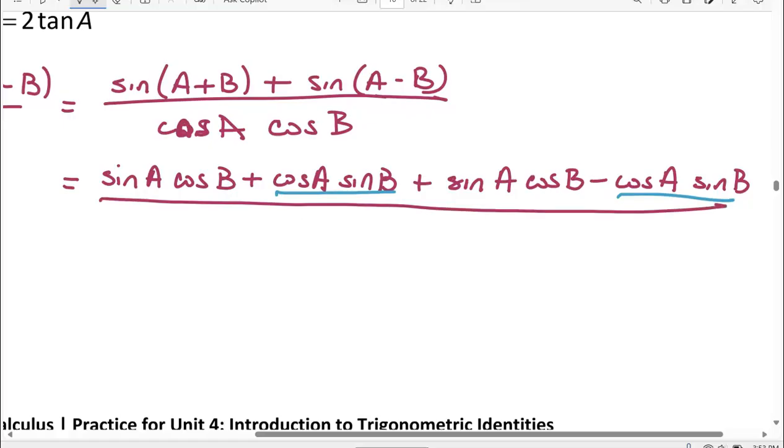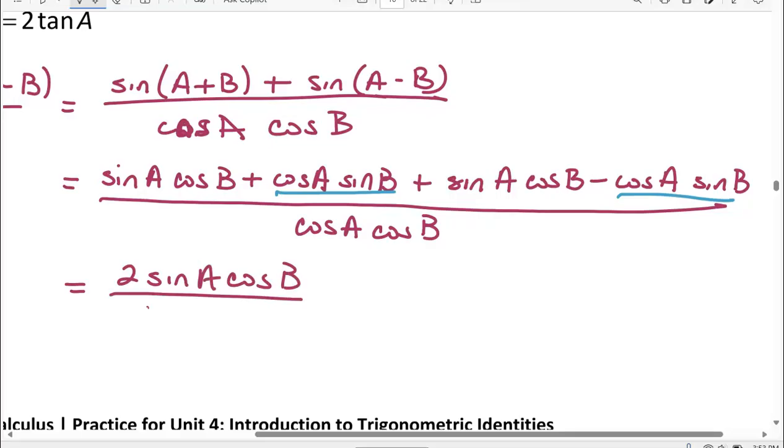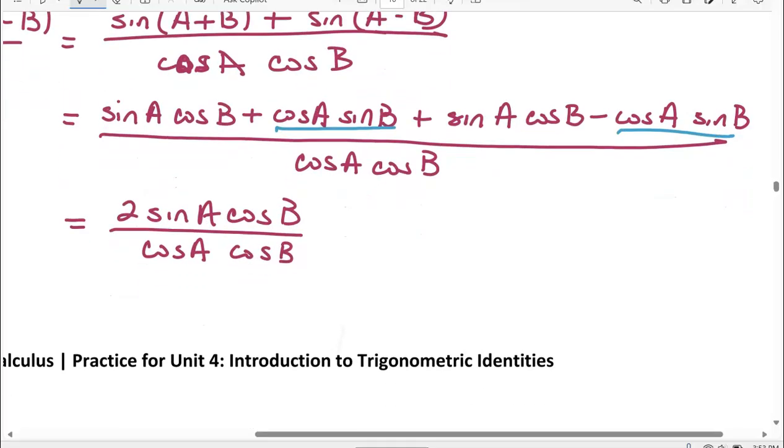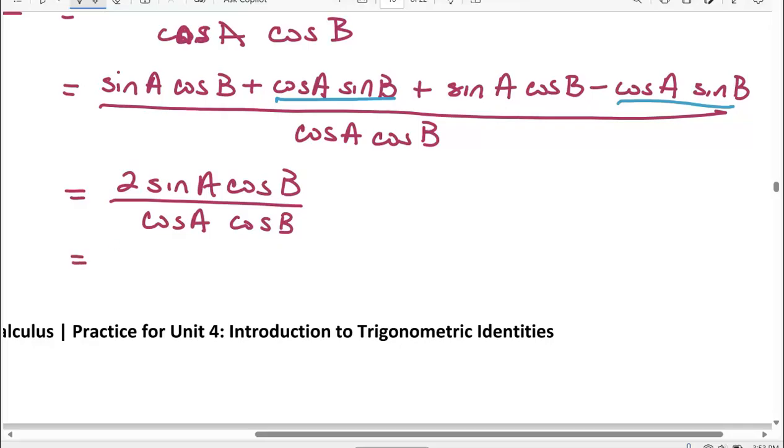So in our next step, when we combine, we're going to get 2 times the sine of angle A times the cosine of angle B divided by the cosine of angle A times the cosine of angle B, which is equal to 2 times the sine of angle A over the cosine of angle A times the cosine of angle B over the cosine of angle B.